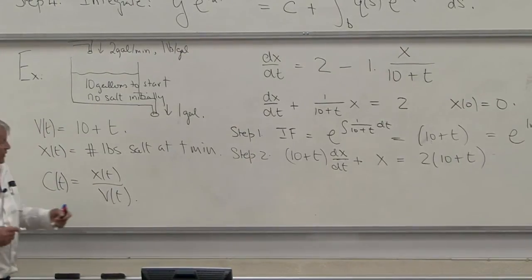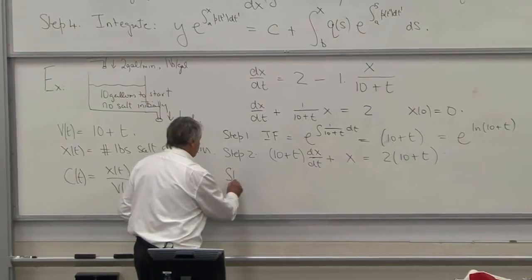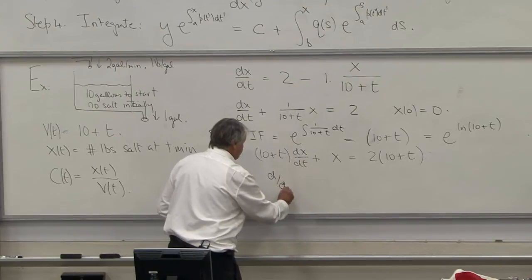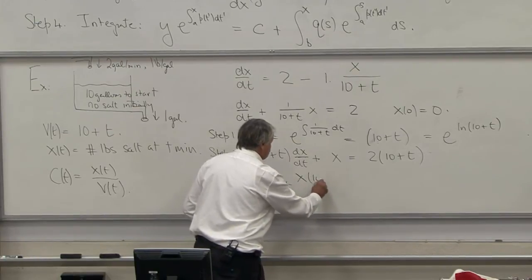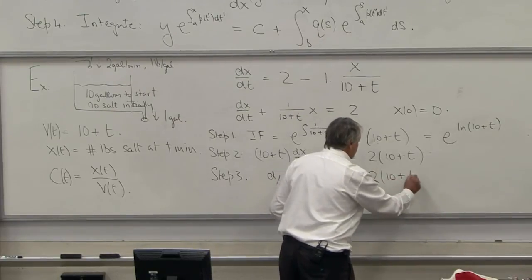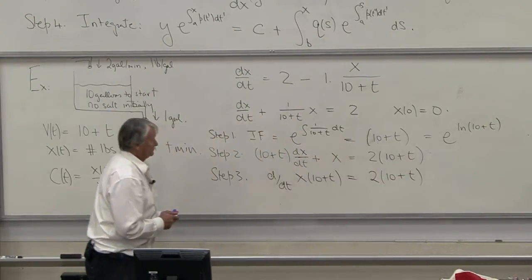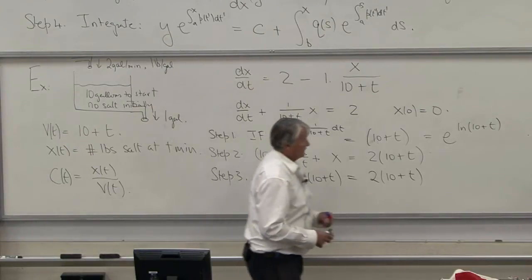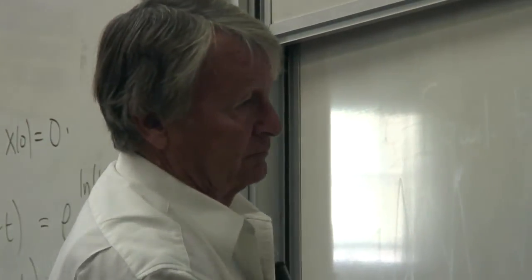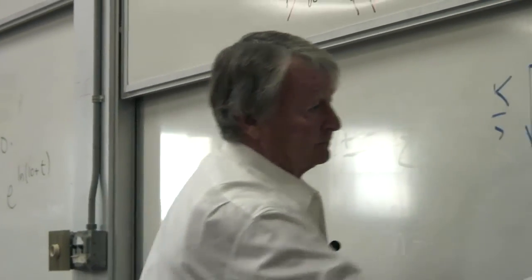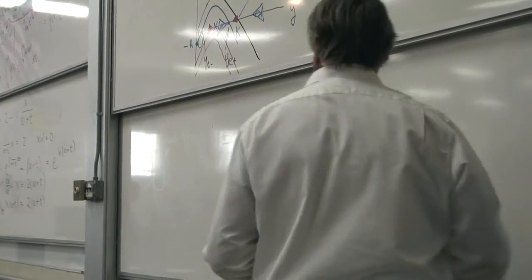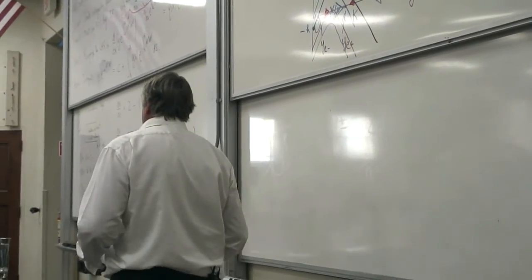Now, I recognize the left-hand side is a perfect derivative. Step 3. The left-hand side is just d by dt of x times 10 plus t, and that's equal to 2 times 10 plus t. Now I integrate.